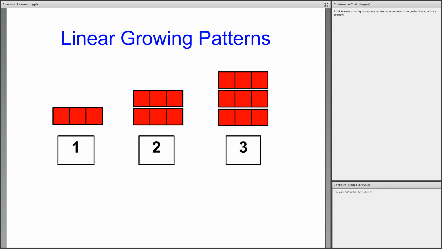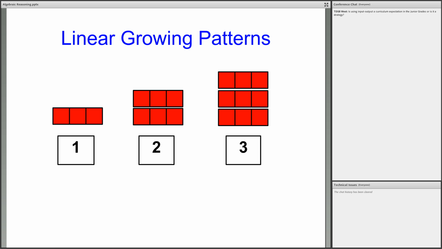So we see that at position 1, we have one group of 3 tiles. At position 2, we have 2 groups of 3 tiles, or 6 tiles altogether. And at position 3, we have 3 groups of 3 tiles, or 9 tiles altogether. And then we would ask students what would come at position 4.